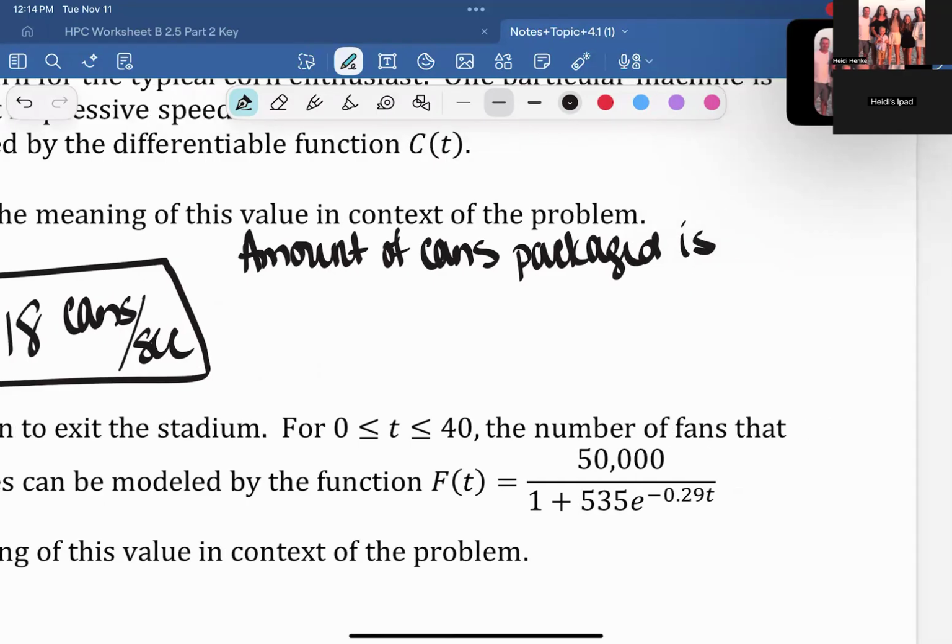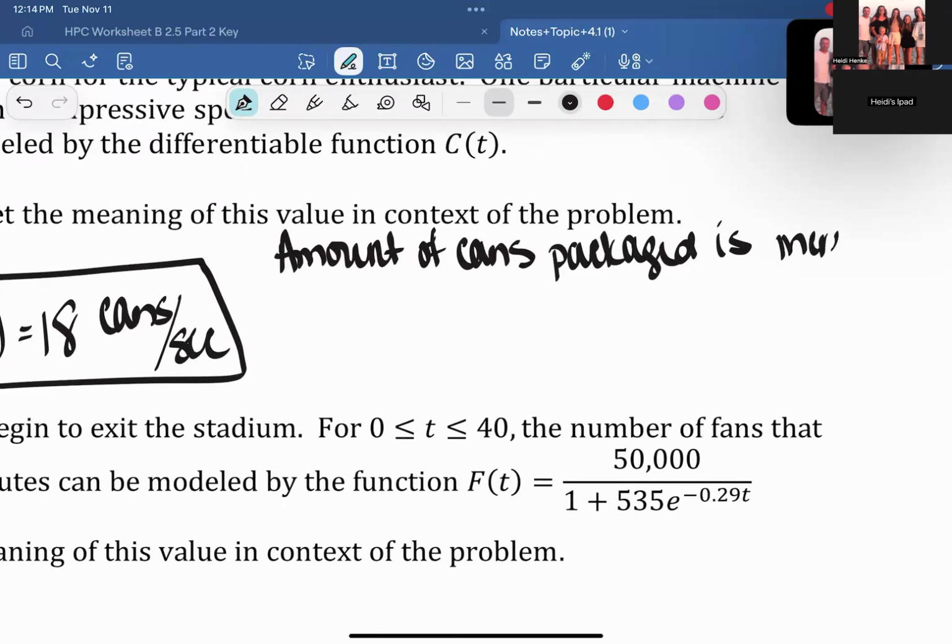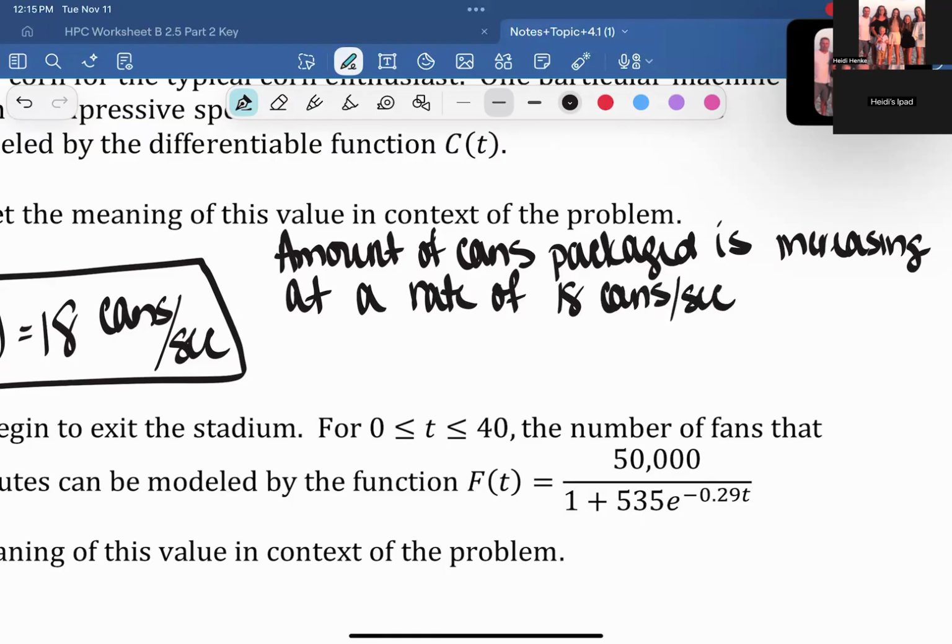So it is increasing at a rate of 18 cans per second at specifically time 1 second.